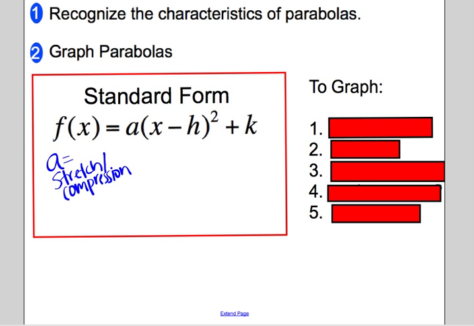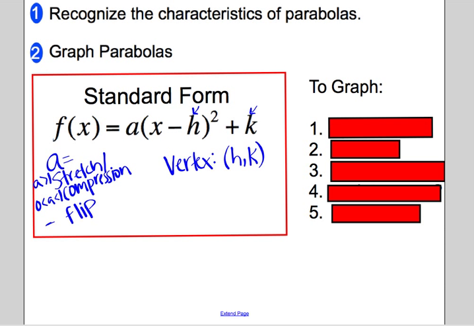The stretch is going to be if A is bigger than 1, and if it's between 0 and 1, that's our compression. Also remember, if A is negative, it's going to flip your quadratic upside down. The other thing to remember is that the vertex of the parabola is normally at 0, 0, and we know that H shifts us left and right and K moves us up and down, so the vertex of our parabola is going to be at the point H, comma K.